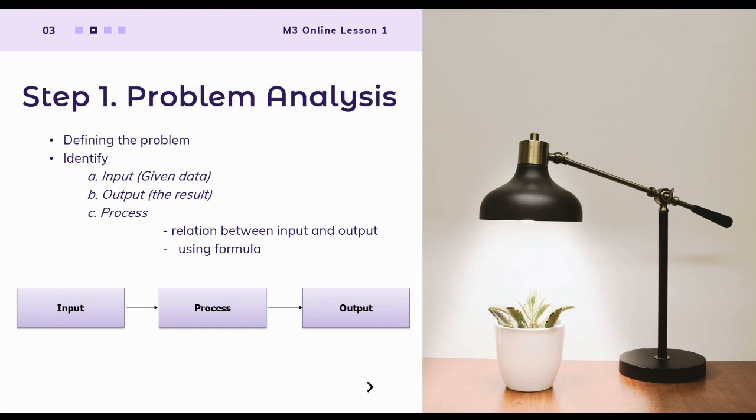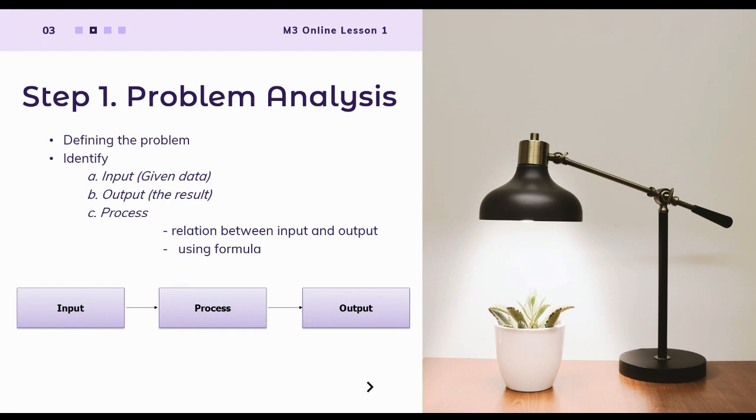Problem analysis is defining the problem and identifying these three important data: the inputs, or the given data from the problem; the outputs, or the results after we solve the problem; and next is the process. What is the relation between the input and the output from the given data?